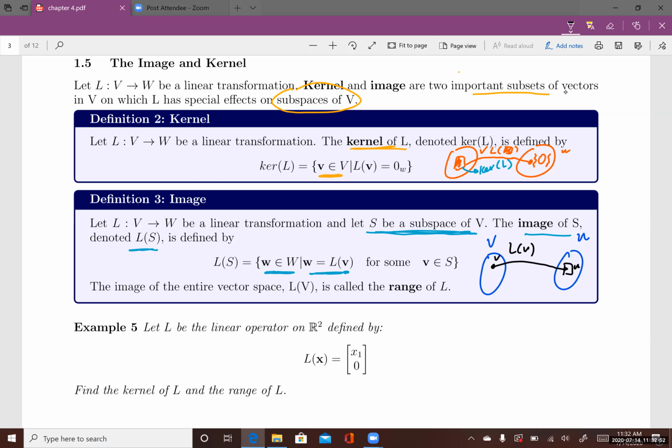So if you pick any vector in this image, you can always find a vector v in V that maps to it.